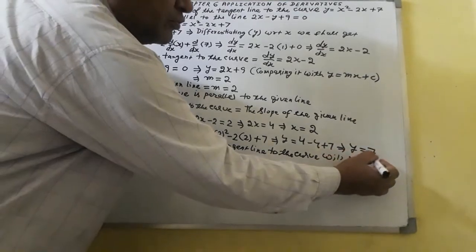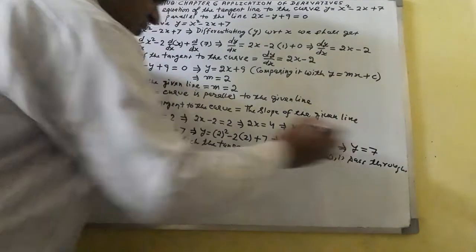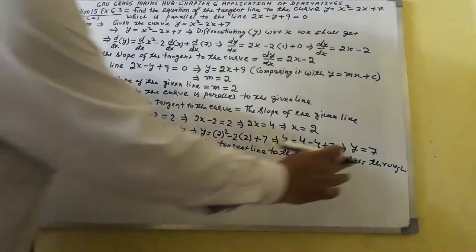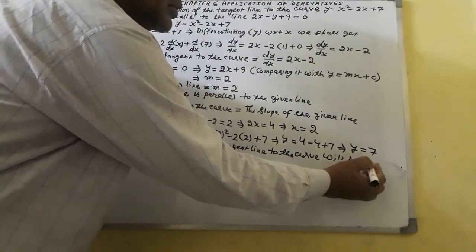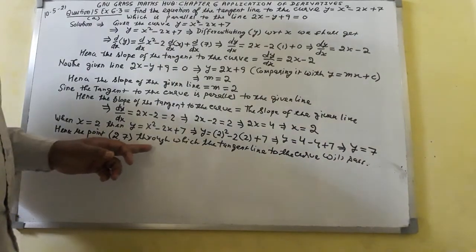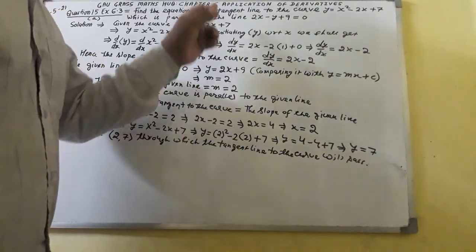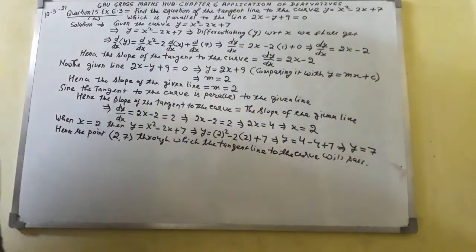Hence the point 2 comma 7 through which the tangent to the curve, tangent line to the curve will pass.